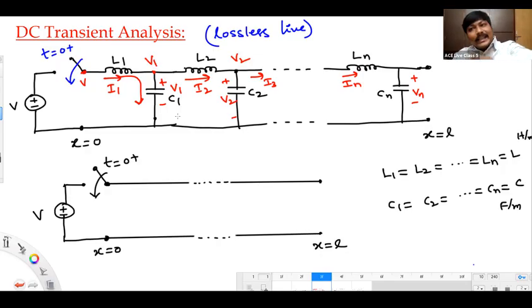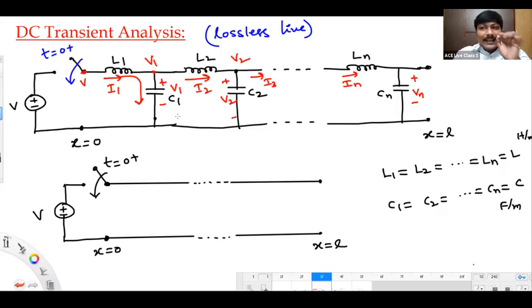That current will flow through the second capacitor, so the second capacitor voltage starts increasing. And that second capacitor voltage will appear across the third inductor. So the third inductor starts carrying the current. That current will flow through the third capacitor, developing the voltage. Like that, we can observe continuously voltage and currents are developing on the transmission line.